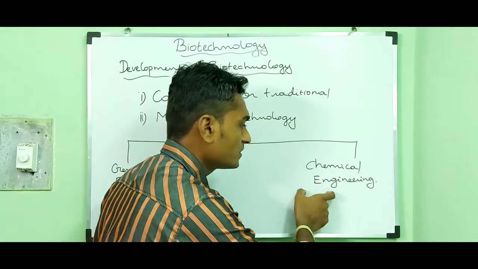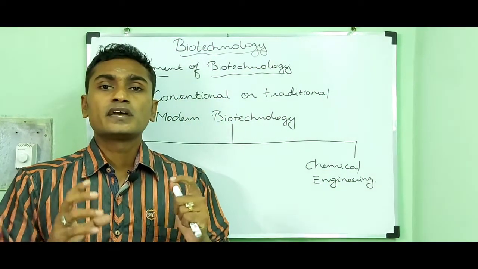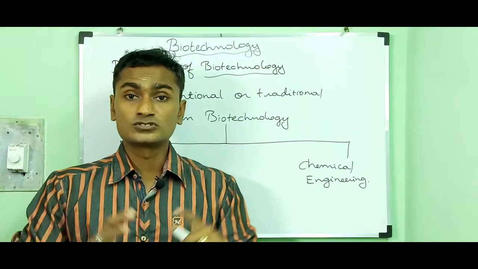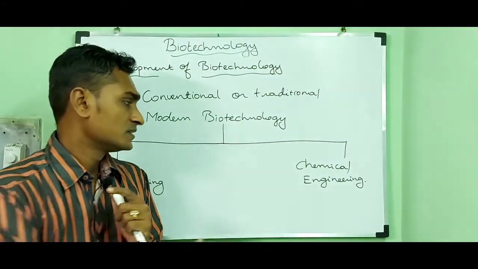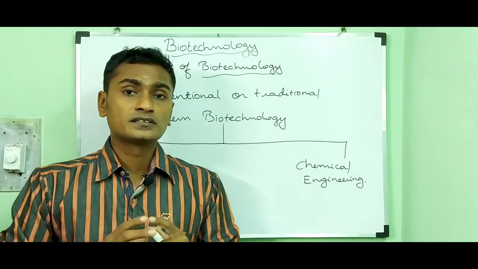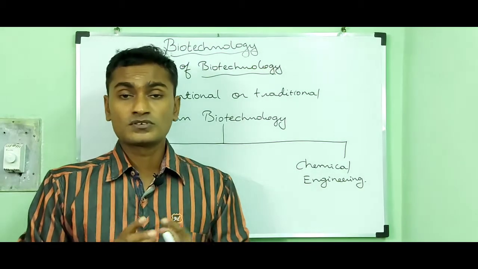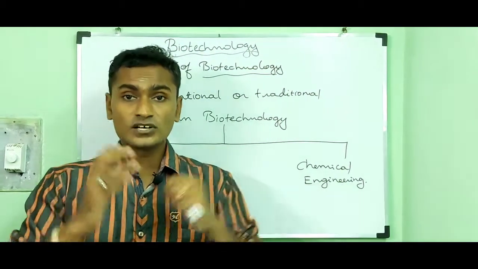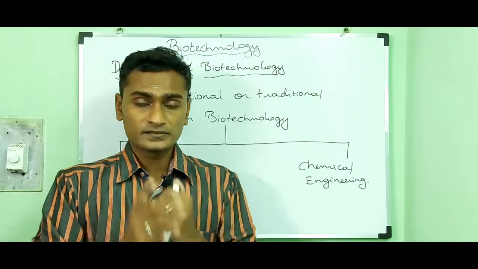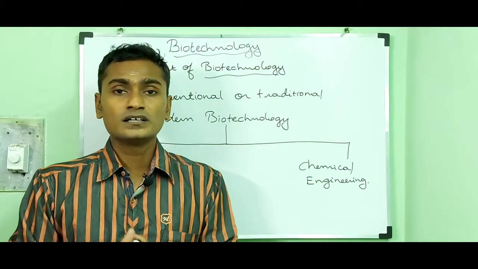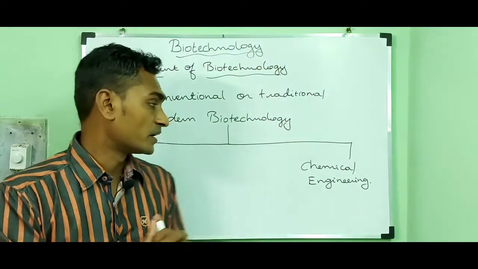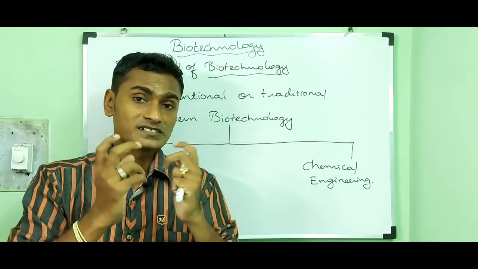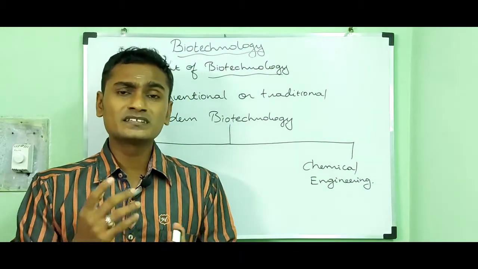In the case of chemical engineering, they maintain the microbes in sterile conditions to avoid contamination. Mainly, they maintain the desired microbes for the manufacturing of large quantities of biotechnological products like antibiotics, alcohol, vaccines and so on.